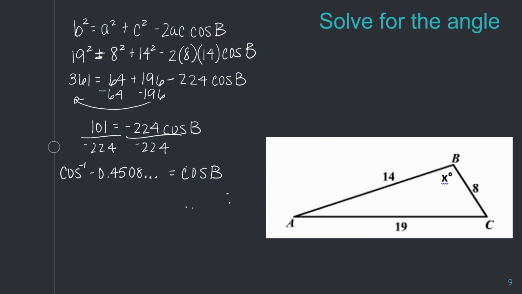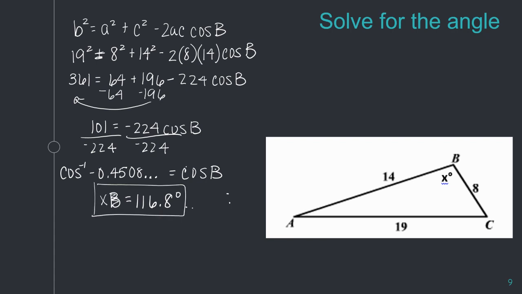So I'm going to type in second cosine, second negative to insert my answer, and I get B is equal to 116.8009, etc. So I'm going to leave it as 116.8.